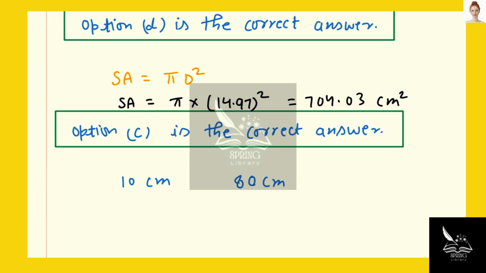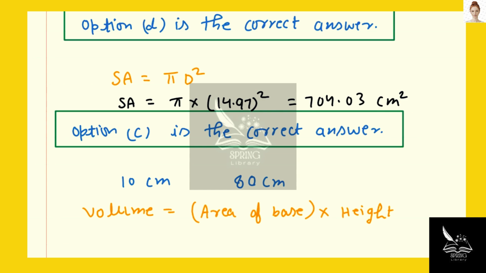We need to find the volume of this prism. So we know that volume of the prism is equal to area of base times height of the prism.